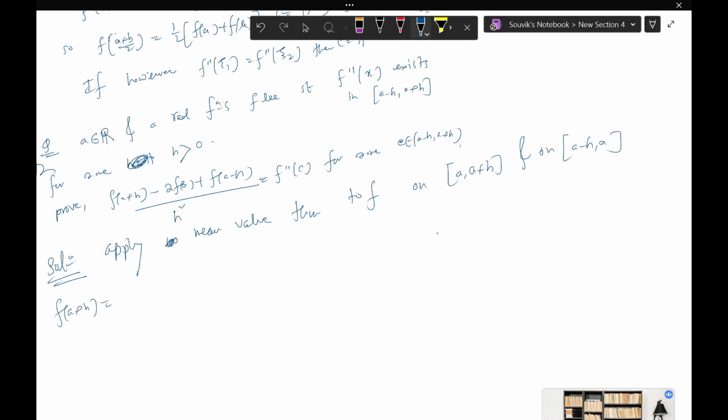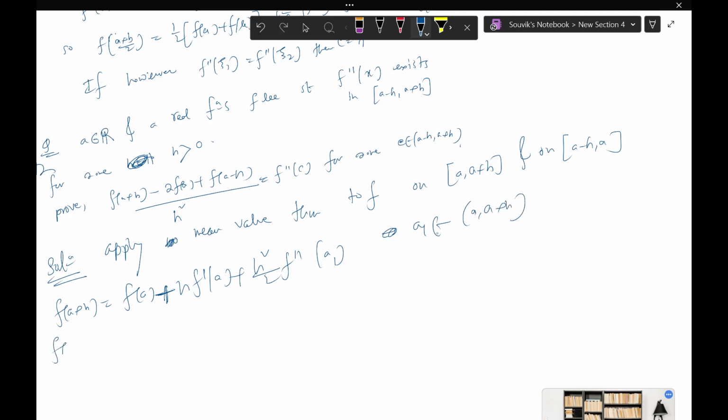Now f of a plus h is equal to f of a plus h f dash of a plus h squared by 2 f double dash of a1, for some a1 belonging to (a, a plus h).